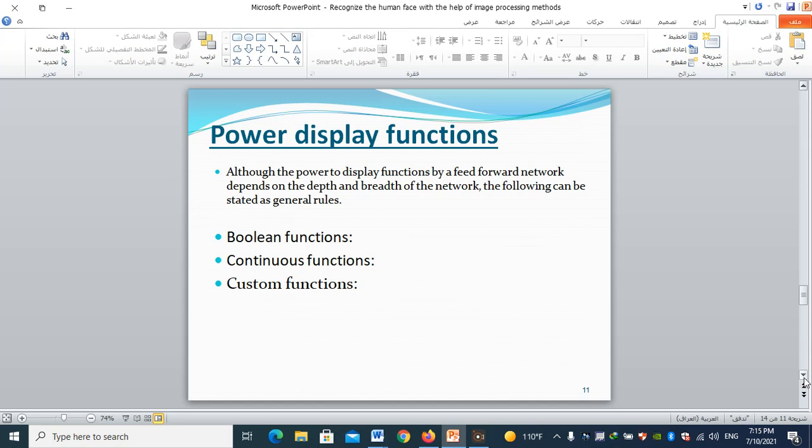Any finite continuous function can be approximated by a two-layer network. The relevant theory is true for networks that use a sigmoid function in a hidden layer and a linear layer in the output. And the third one is custom functions. Any custom function can be reasonably approximated with a three-layer network.